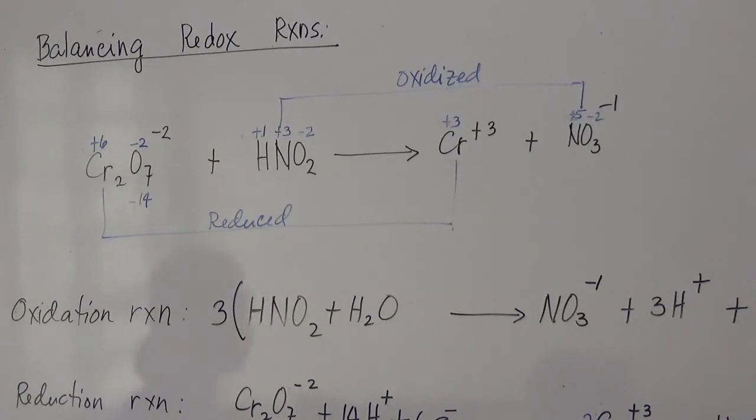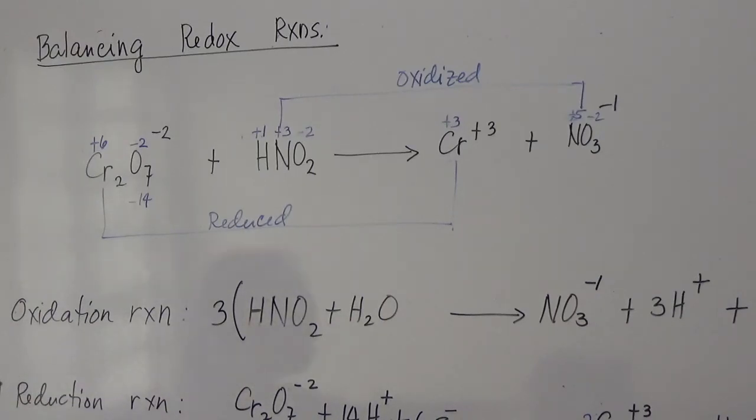One of the substances in the net equation is hydrogen ion, which is under acidic reaction. If you are going to balance it in a basic solution, then you add OH, the same amount as the hydrogen ion found in your net equation, because you are going to combine the two to make water. Once you add OH on one side of the equation, you add also OH on the other side.